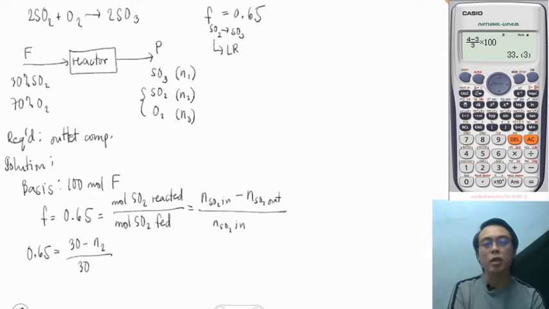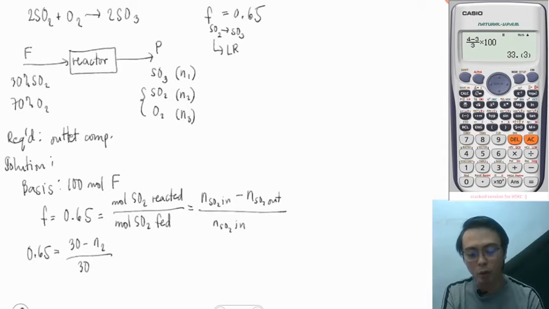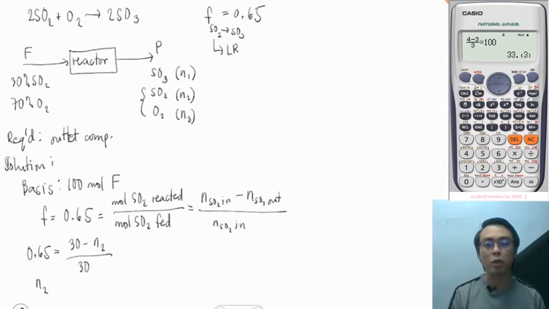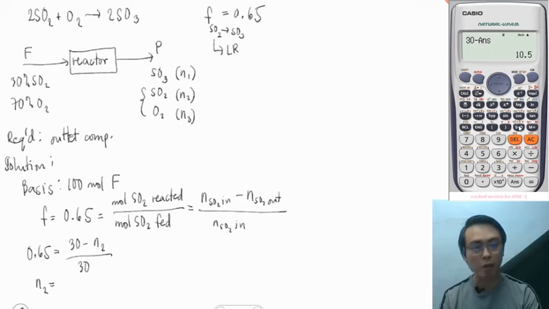So you see, given the value of the conversion, we are now able to solve for N2, or the amount of SO2 in the product stream. 30 times 0.65 and then 30 minus the answer. Okay, we have a value of N2, 10.5 moles SO2.